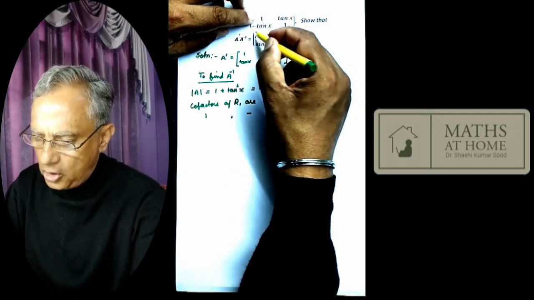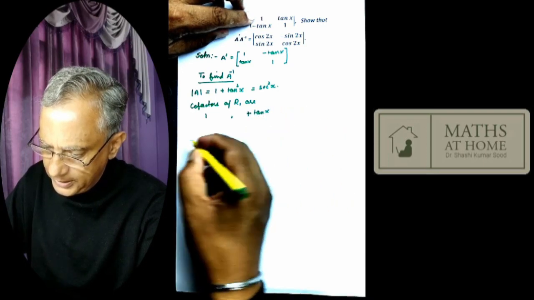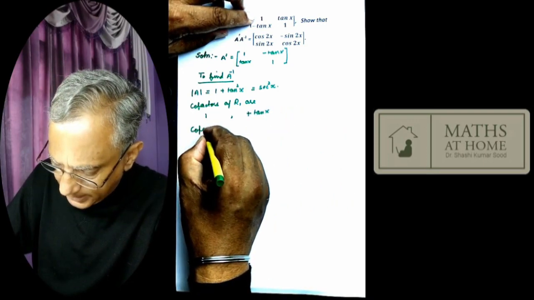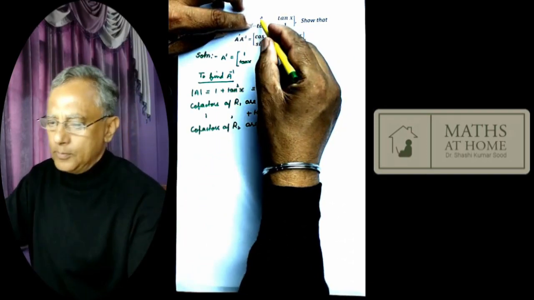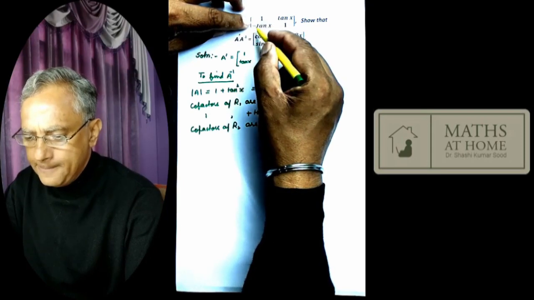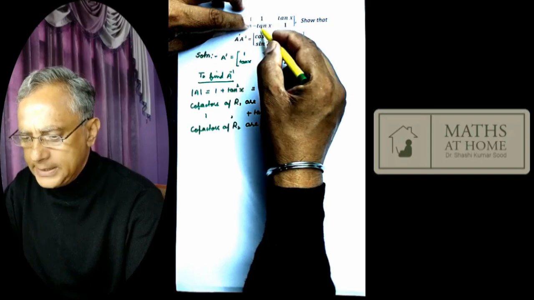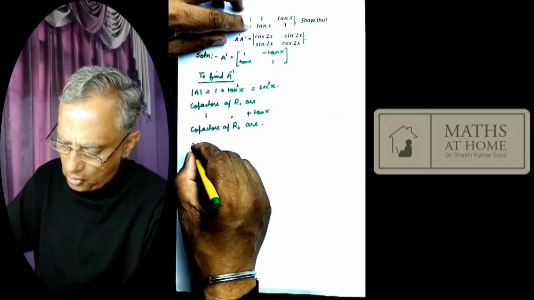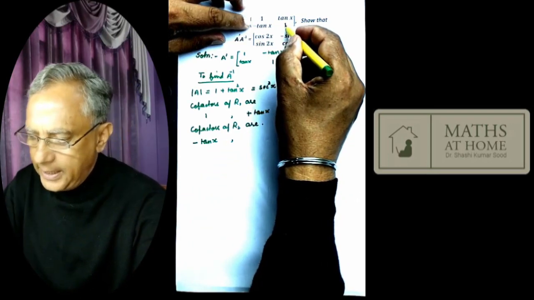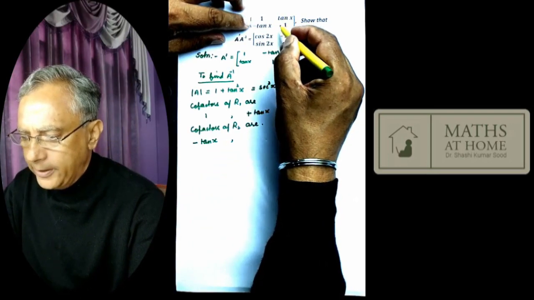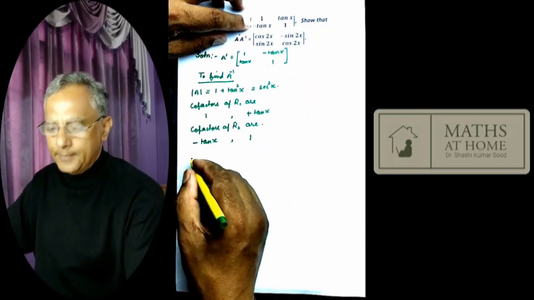So this is gone, and we get minus minus plus tangent x. Cofactors of R2 are cofactor of this is second row first column. 2 plus 1 is odd, odd is negative, so this is gone, we get minus tangent x. Next entry is 2 2 even, so this is gone, we get plus 1.